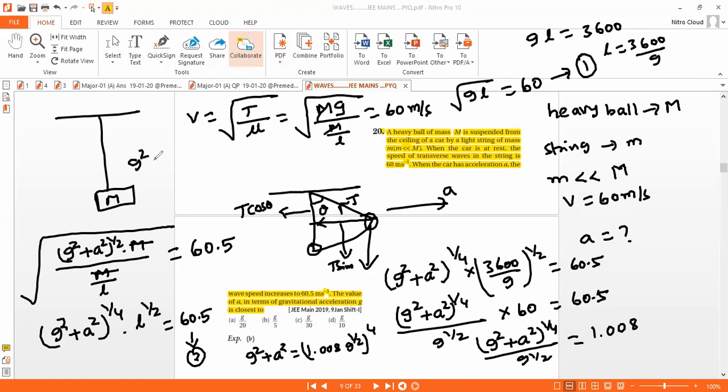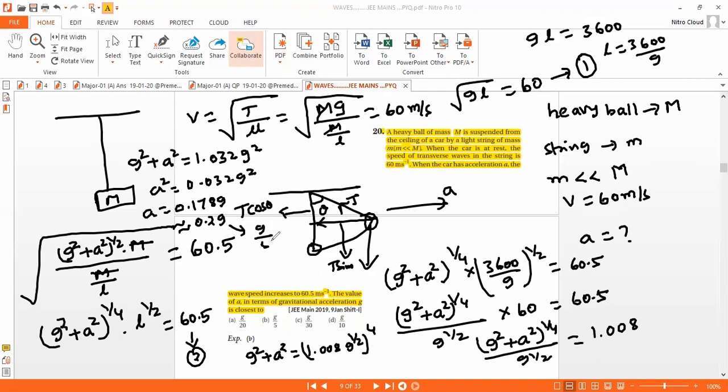G square plus A square equal to 1.032 into G square. So A square equal to 0.032 into G square. Under root of 0.032, that is 0.178. A is equal to 0.178 G, that is approximately I can write as 0.2 G. That is 0.2 G is nothing but G by 5.